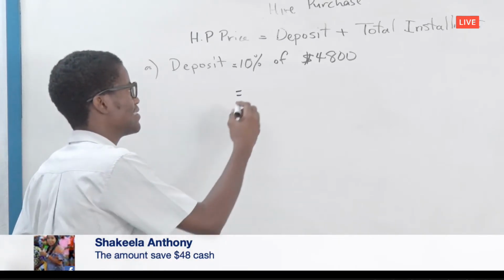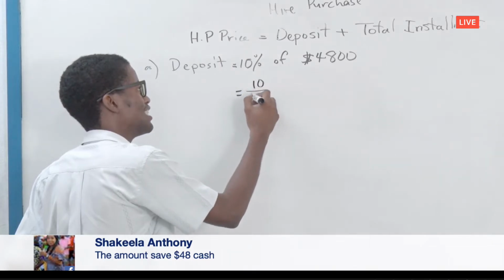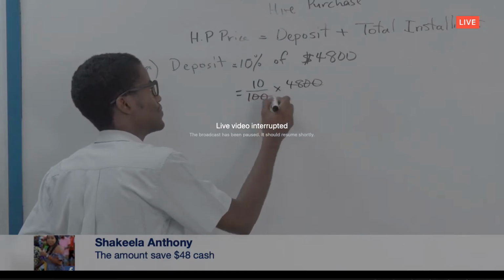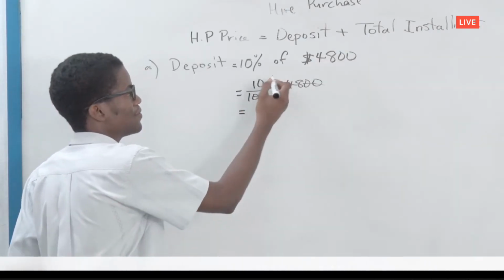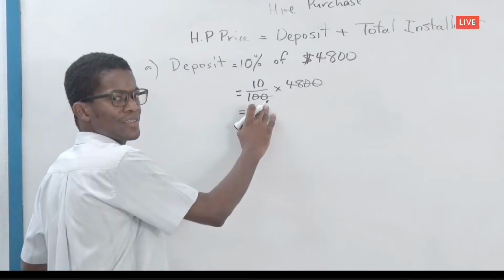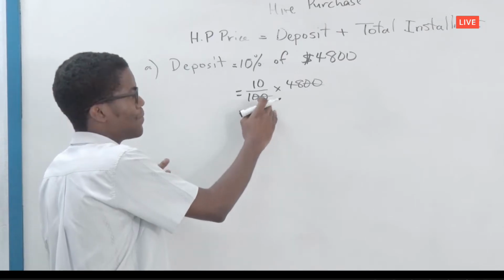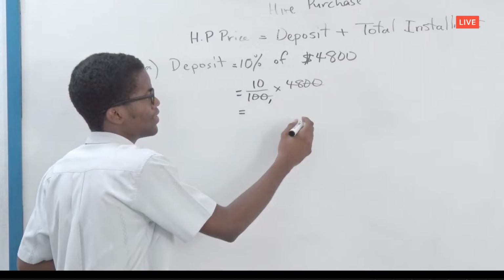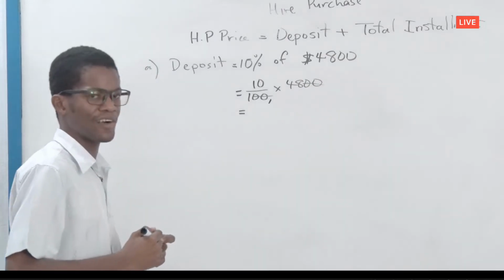We should remember that 10% is written as 10 over 100 because percentage means out of every 100, times our 4,800. 10 times, dividing by 100. 100 into 100 is 1, 100 into 4,800 is 48.